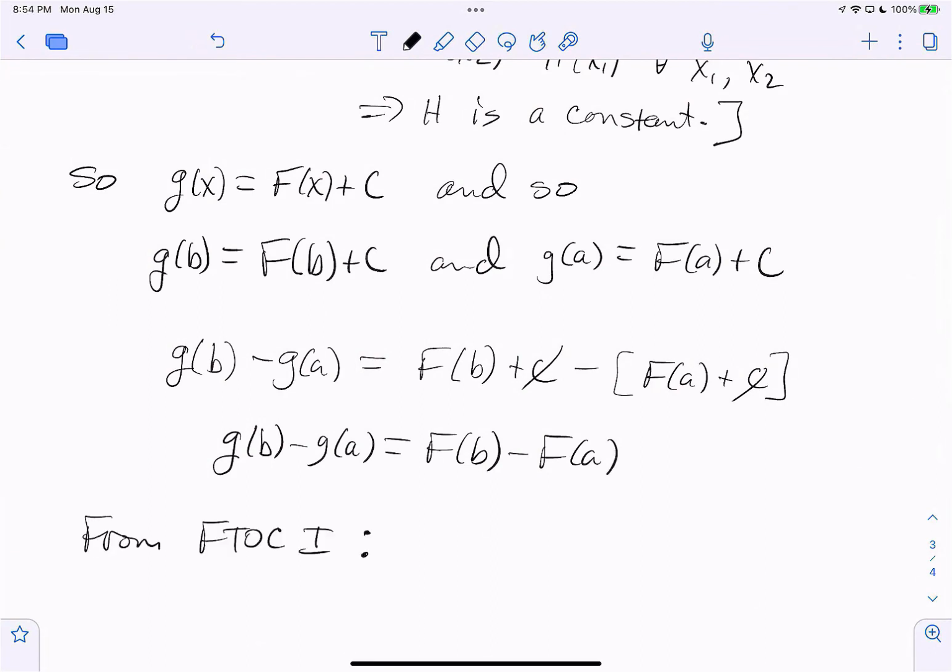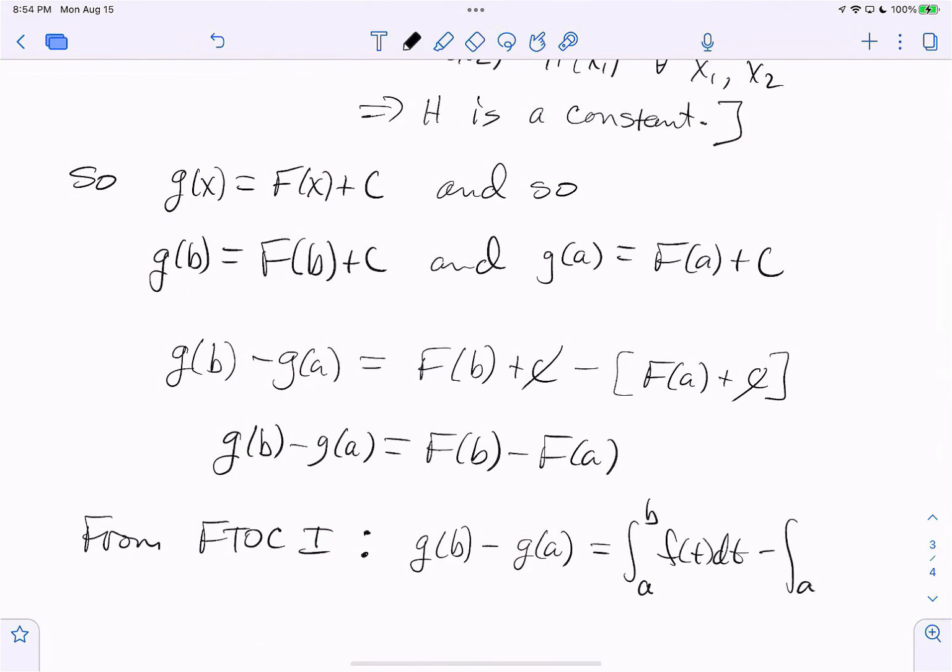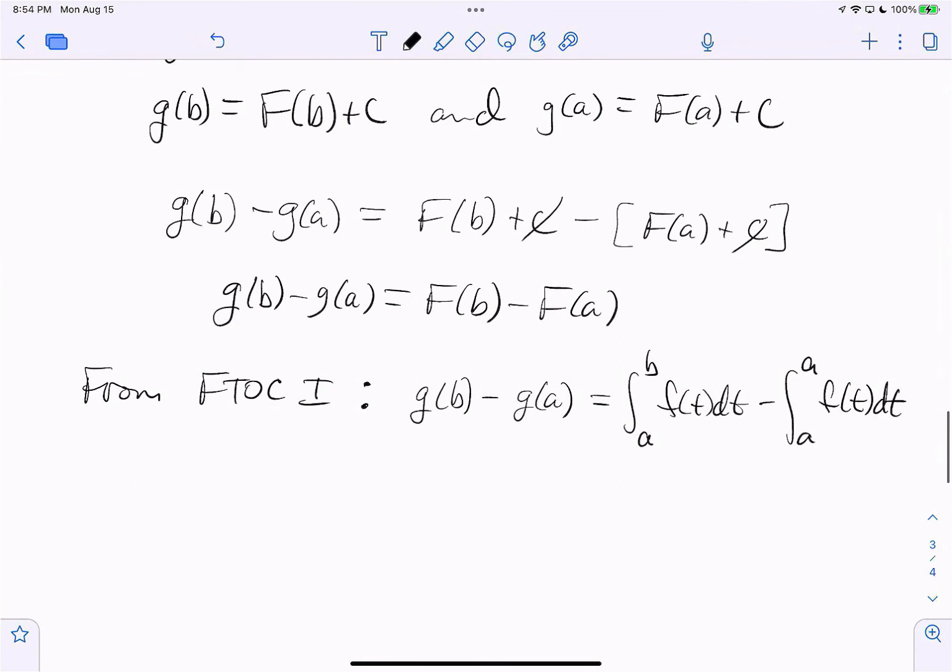But from the Fundamental Theorem of Calculus Part 1, g of b minus g of a is the integral from a to b of f of t dt minus the integral from a to a of f of t dt. These are lowercase f's, of course.